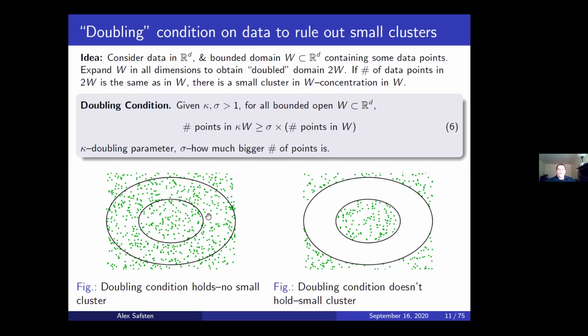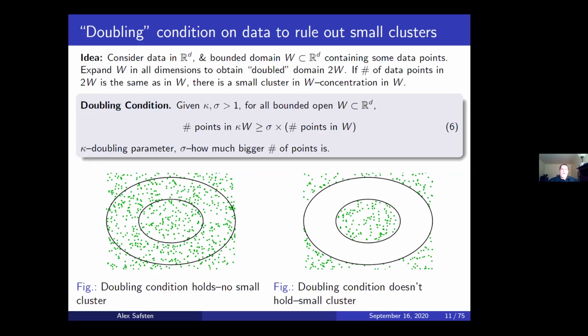We would prefer instead to have the situation on the left, where we start with a small ellipse and then increase its size to the big ellipse, and the big ellipse contains a lot more data than the small ellipse did. So mathematically, we obtain this condition in equation 6. We assert the existence of kappa and sigma greater than 1, so that for all bounded domains W, the number of points in kappa W, the expanded domain, is bigger than the number of points in the small domain by a factor of sigma.